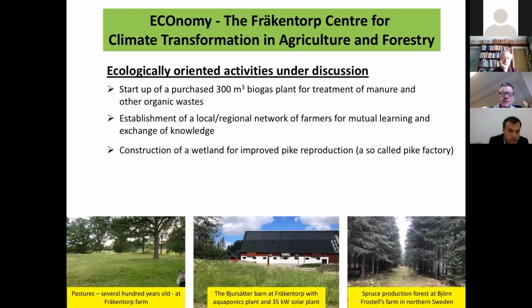We would like to construct a wetland so that we could have improved reproduction of pike, which is a very important Swedish fish. Since about 10 years there is something called the pike factory, where you can improve the production of small fry of pike by a factor of 10 if you do it in a proper way.